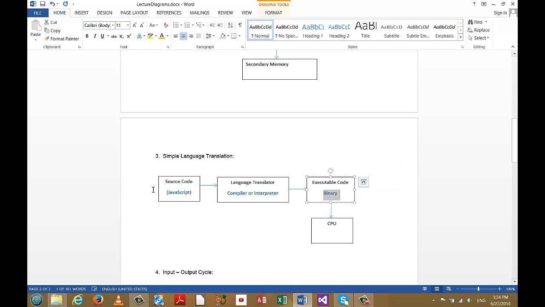Well, back in the old days, in the days of the ENIAC, the very first computer that was created, the computers did not have something called a language translator. And for a human being to write a program that would be interpreted properly by the CPU, the human being had to write the equivalent of ones and zeros, had to develop their program in a binary format.